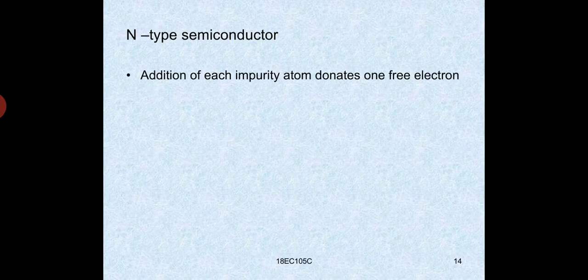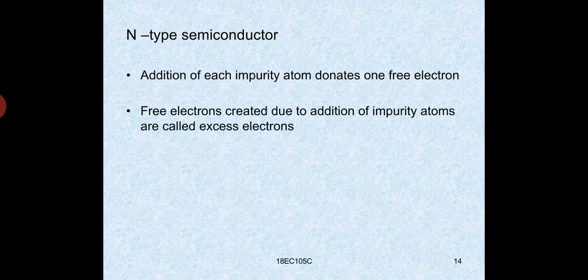Now, some points to remember about the n type semiconductor material. The addition of each impurity atom donates one free electron to be available in the conduction band of the material.